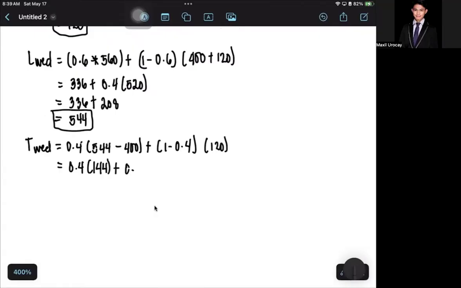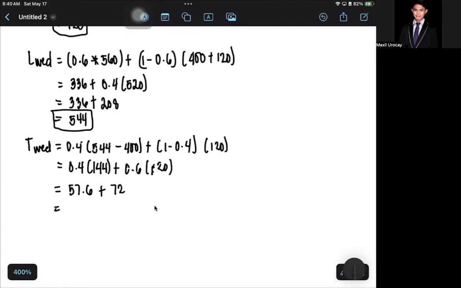Plus 0.6 times 120. And then 0.4 times 144 is equal to 57.6, plus 0.6 times 120, that equates to 72.